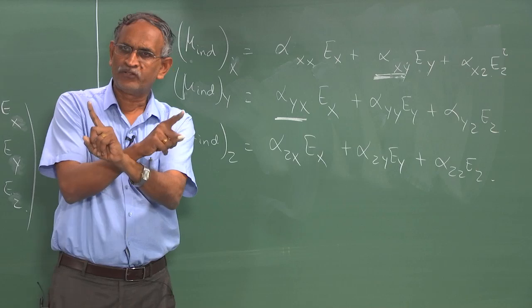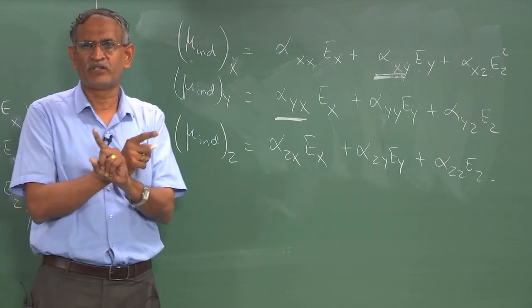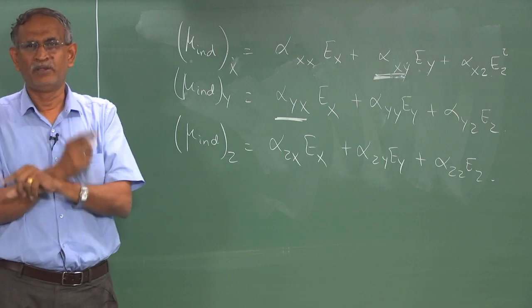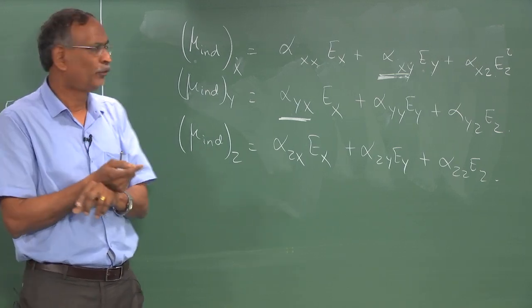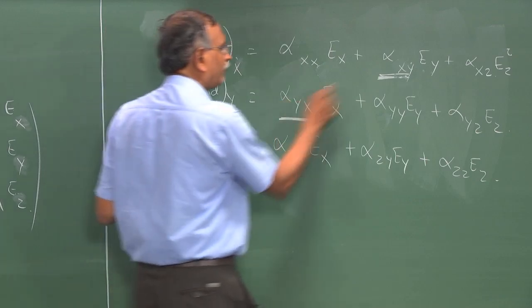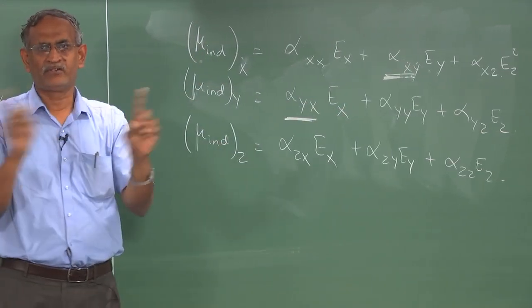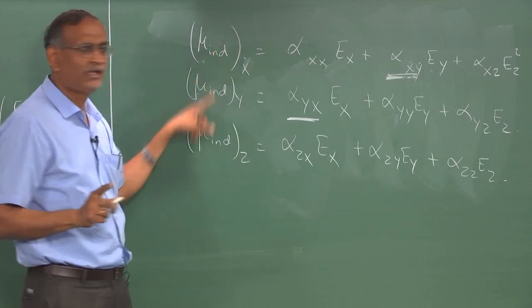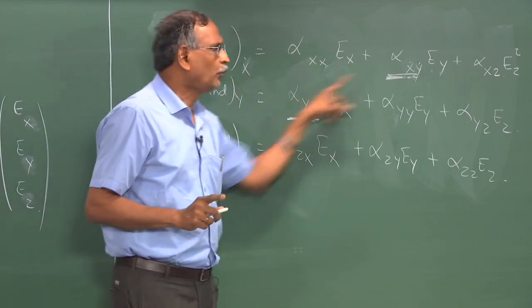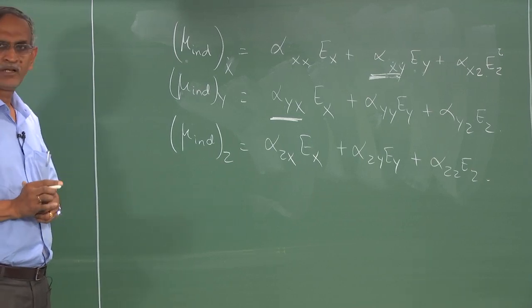They are switched around. There are beautiful principles known as reciprocity relations in basic physics. I don't want to say much about them, but in this case the property is that such quantities which are connected with the reversal of directions of the electric field and the outcome, they are both equal by geometrical as well as physical considerations.